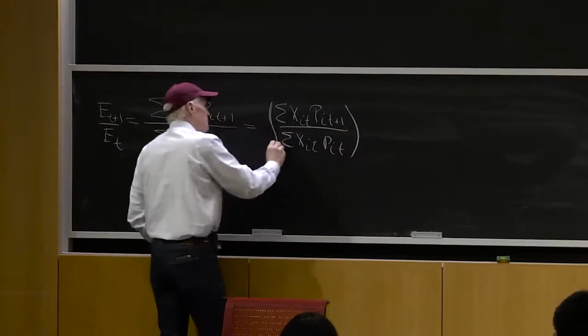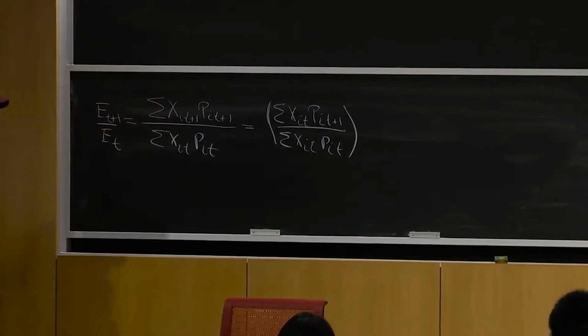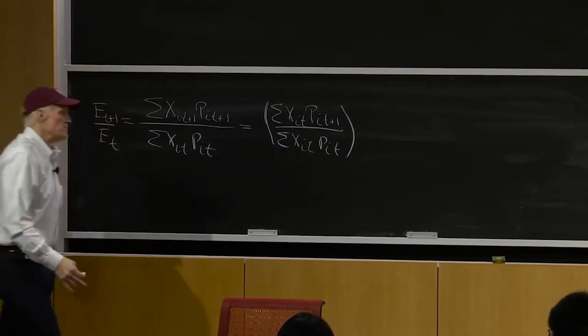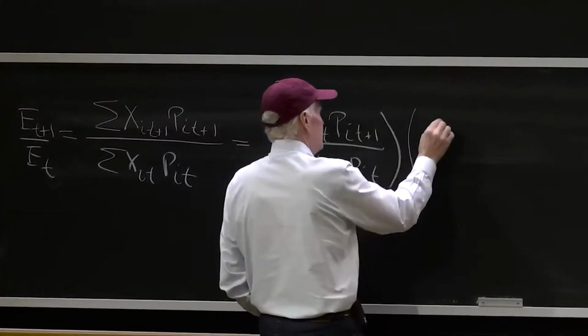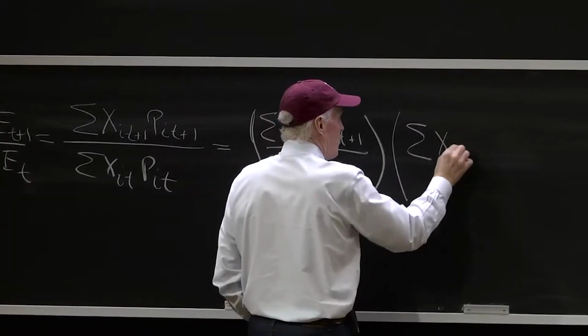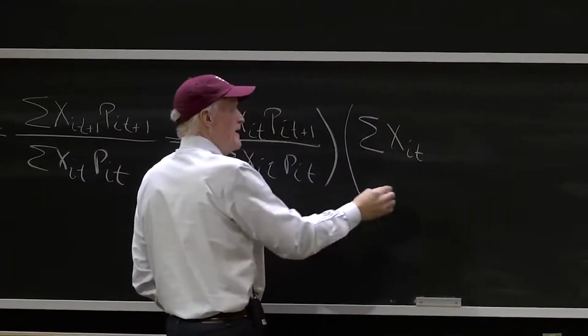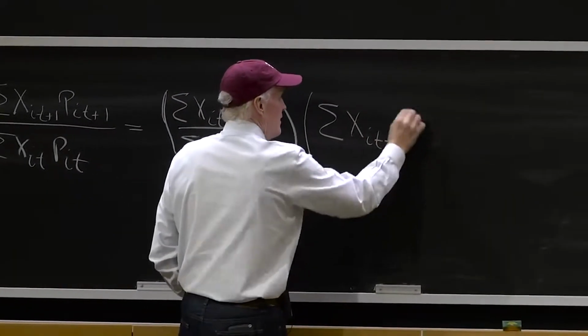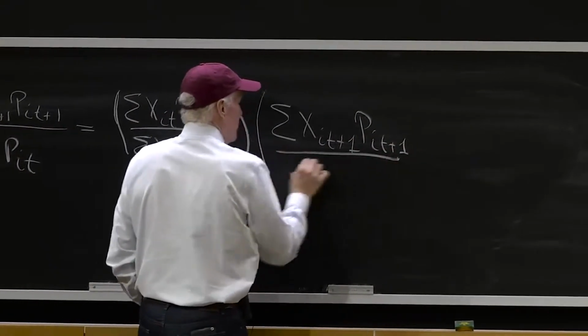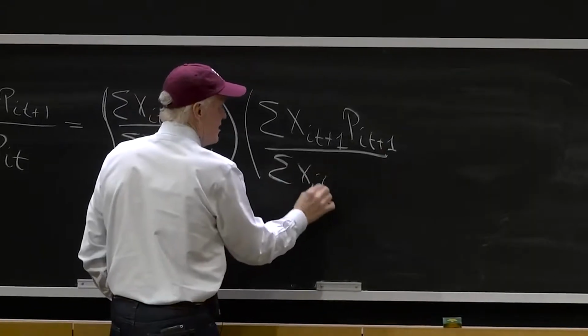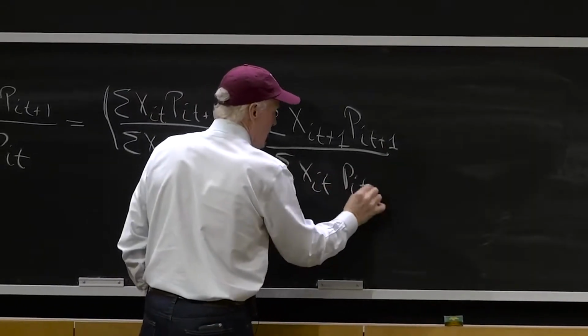So that would be a period t-based price index because it's looking at the same bundle top and bottom. And we could then use also a quantity index. And the corresponding quantity index, the sum of x_i,t+1 p_i,t+1 divided by the sum of x_it p_i,t+1.